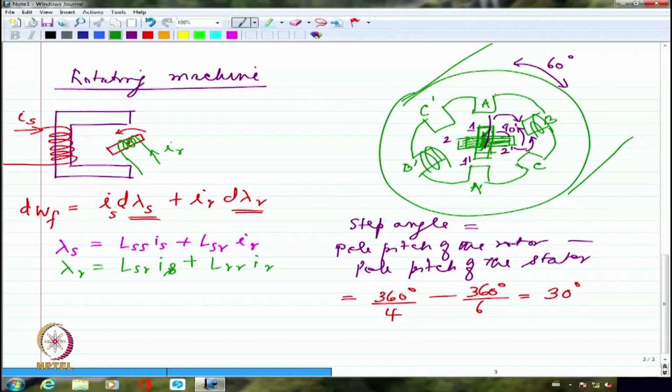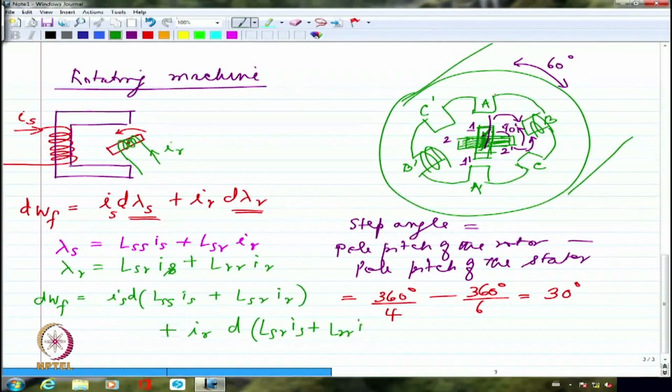So I should be able to write dWf as Is multiplied by d of (LSS Is plus LSR Ir), and plus Ir multiplied by d of (LSR Is plus LRR Ir).